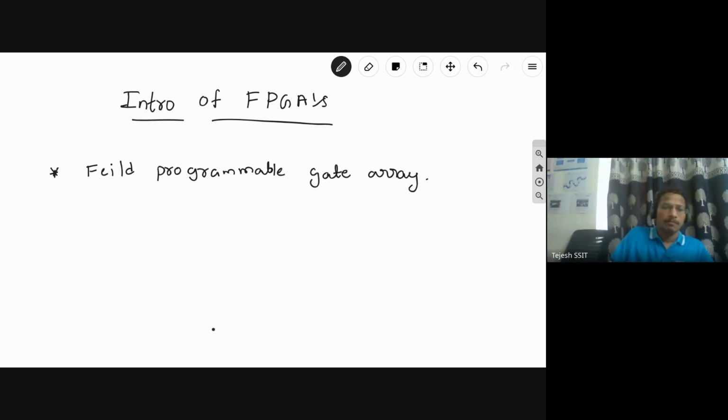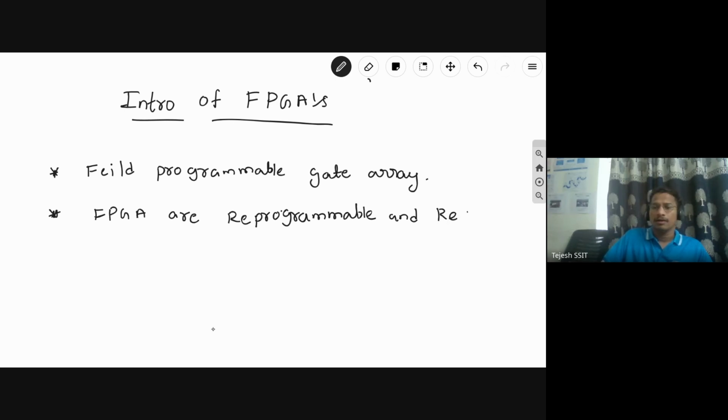But FPGAs are reconfigurable, reprogrammable and reconfigurable. You all know this very well.